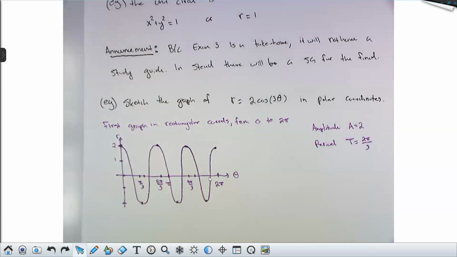So there is this curve graphed from 0 to 2 pi. I've already got these mins and maxes labeled, right? This is pi, this is at 0, this is at pi over 3, this is at 2 pi over 3. This one we should label here. Where is this? Halfway between 2 pi over 3 and 4 pi over 3.